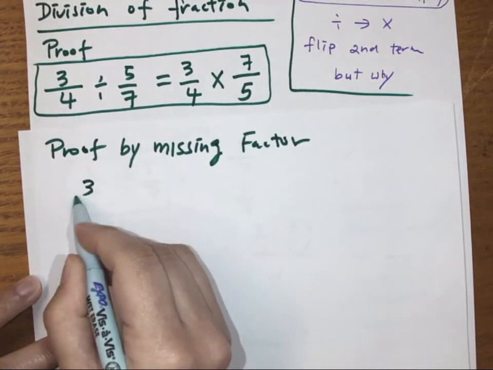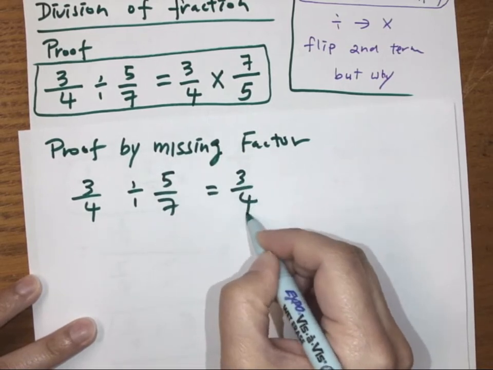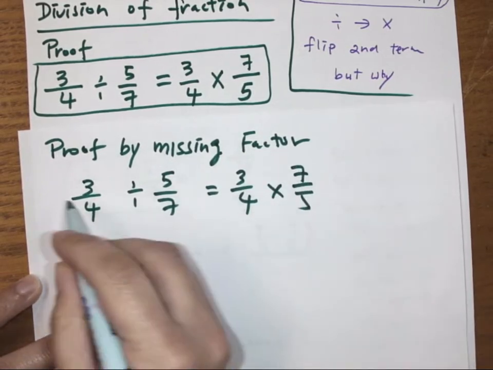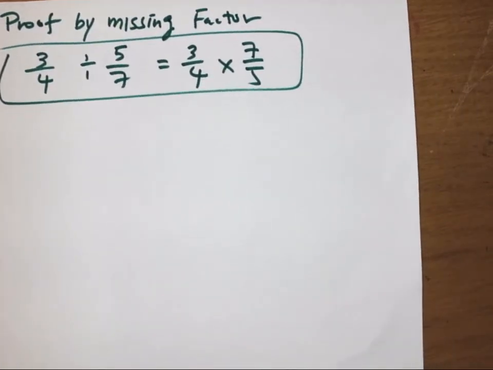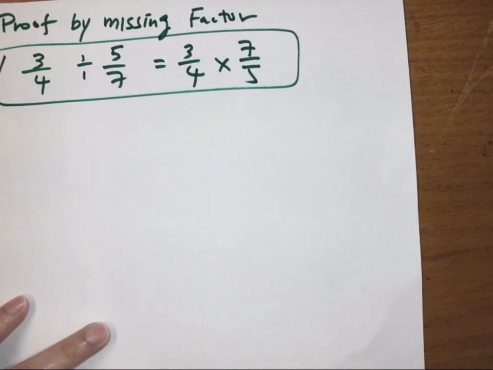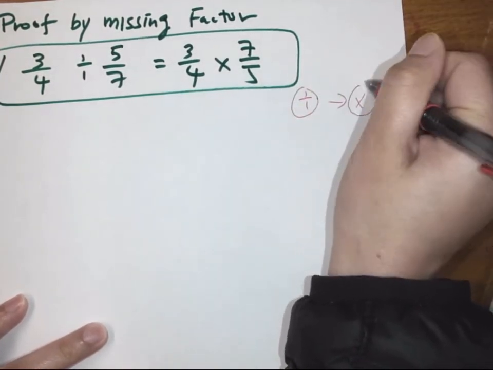We started with 3/4 divided by 5/7 equal to 3/4 times 7/5. That's the question. Remember, with missing factor, we're changing division to multiplication.